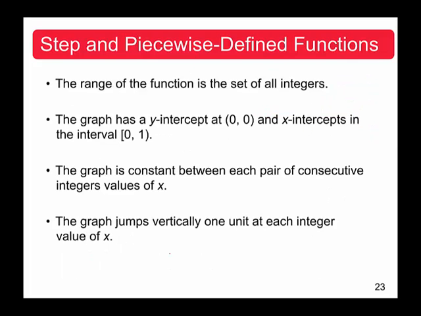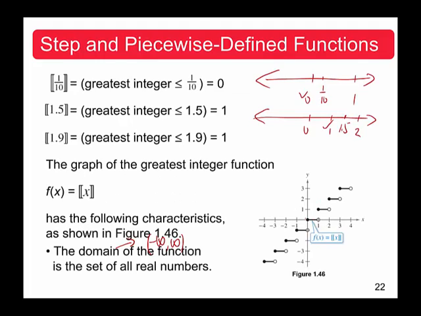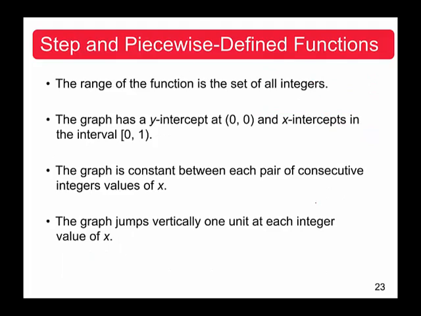But the range, if you look at this, must be all those integers. So the set of all integers. Okay. So if you want to list it, it will be -5, -4, -3, -2, -1, 0, 1, 2, 3, 4, 5, and keep going on, right?